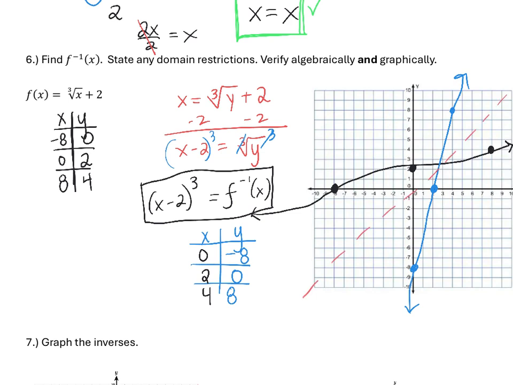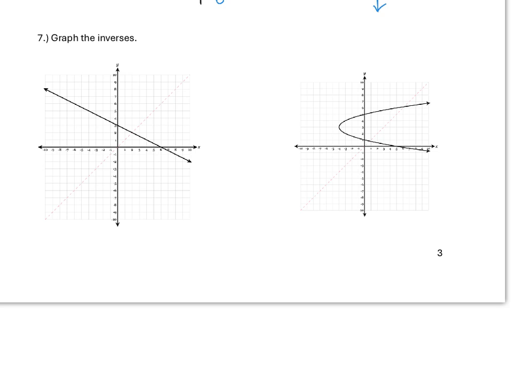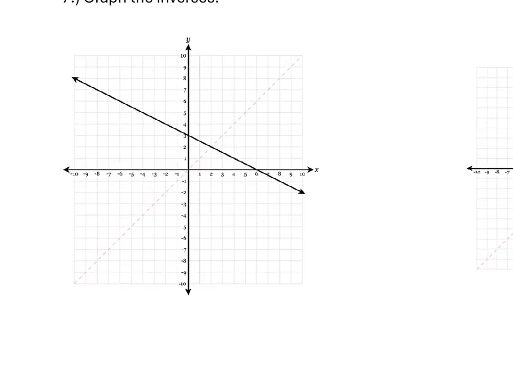Okay, and so what it is reflecting across is the y equals x line, but the easier way to do it is reversing the ordered pairs. Your problem will look like this, and it'll say graph the inverse. What you need to do is find clear points on this original. So here's one at negative 6, 6.